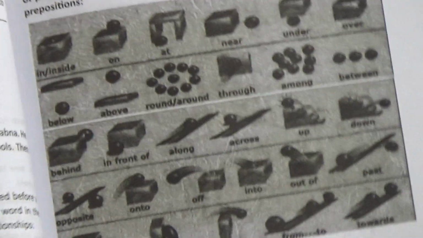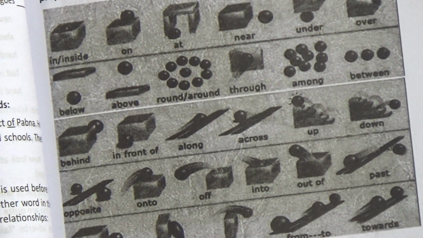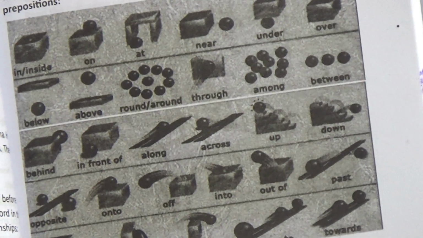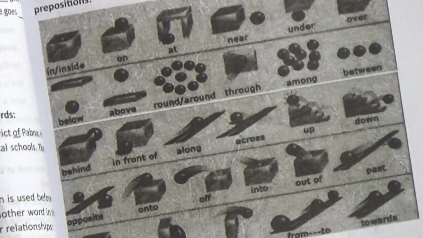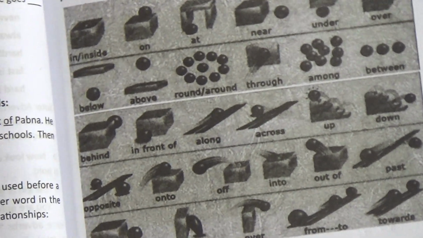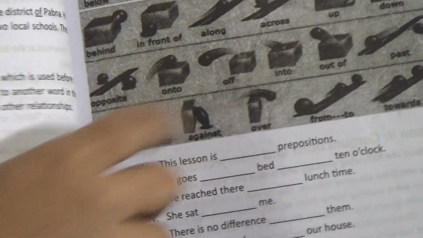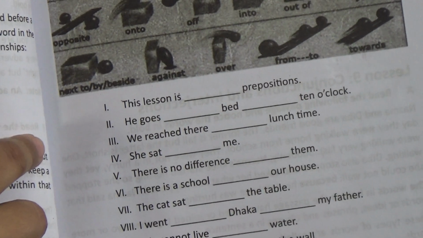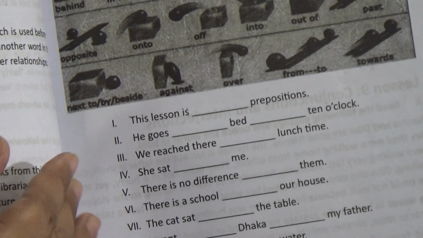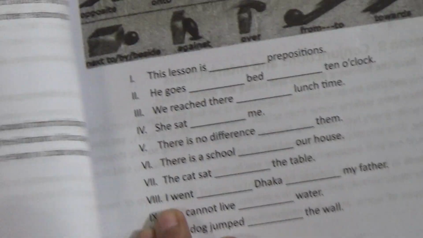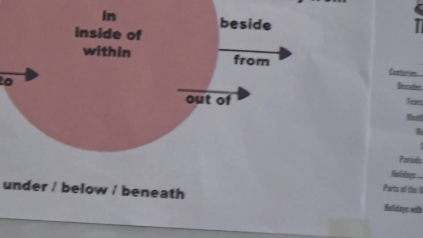There are many prepositions like in, inside, on, at, near, under, over, below, above, round, around, through, among, between, behind, in front of, along, across, up, down, opposite, onto, of, into, out of, past, next to, by, beside, against, over, from, to, toward. So dear students, all of you will go through these prepositions too. And now look, there is another thing.